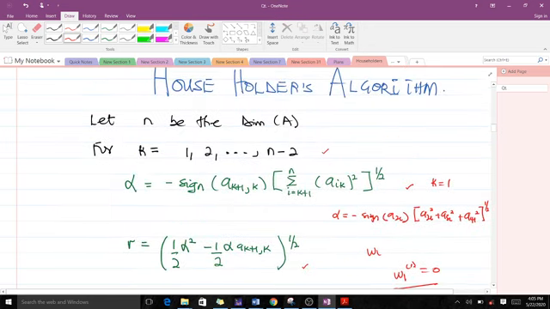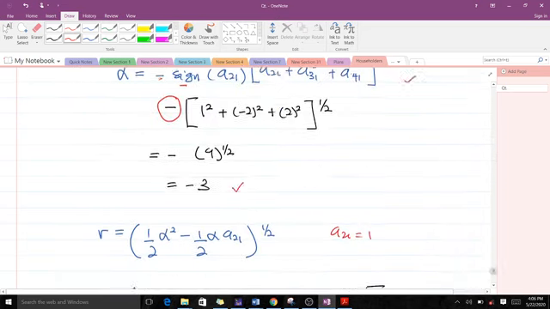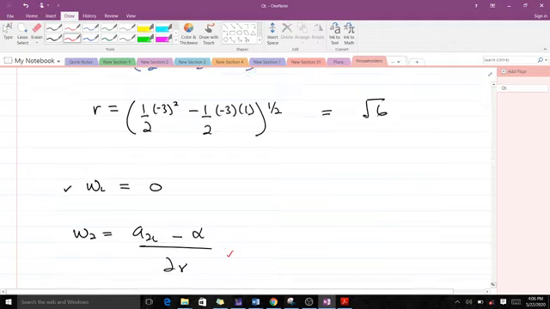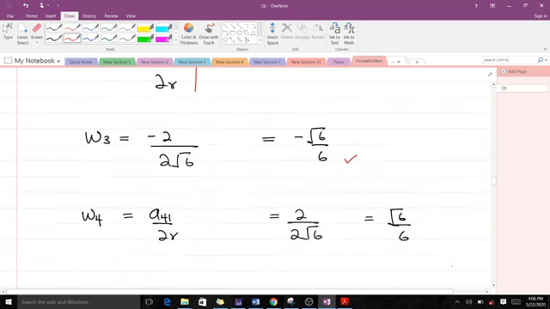Note that this is our a31 and this is our a41. So we are going to bring that here to realize that our a31 is given by this formula here. When you insert in our values, you're going to get this to be w3, and this is our w4, a41 over 2r. When you make the insertion too, we get root 6 over 6.